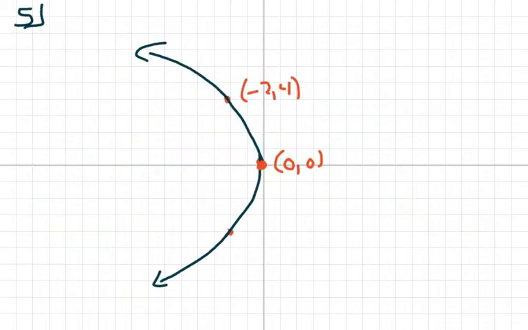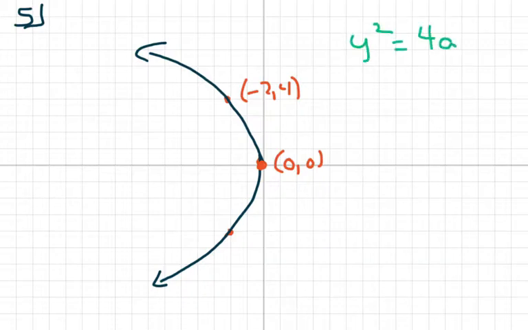Okay. All right, in this case, it opens to the left. So they give you this point, and I just drew it. So what I'm going to do is write y squared equals 4ax. All right. And now we're going to plug in our point.